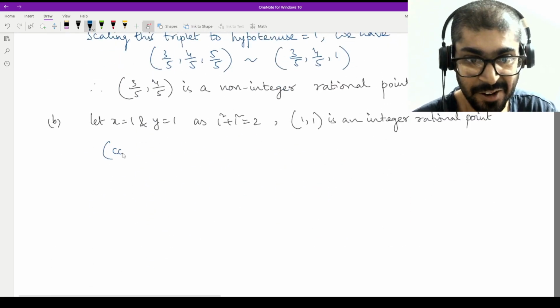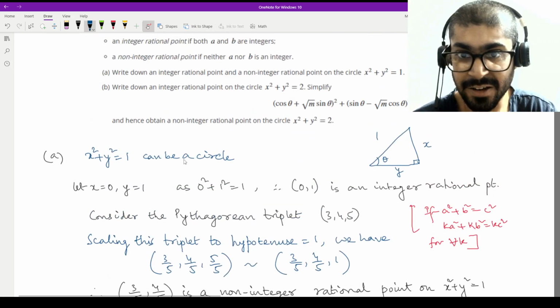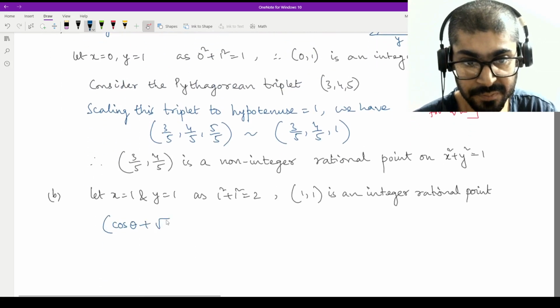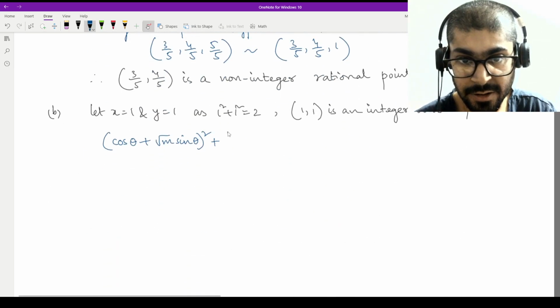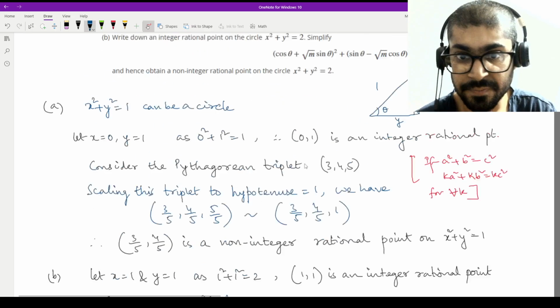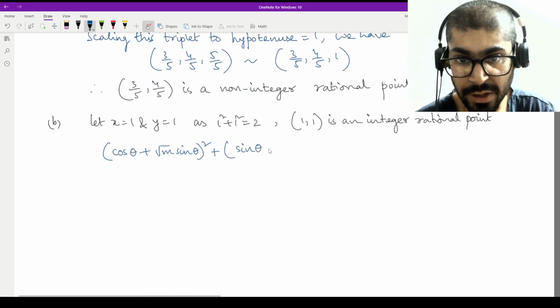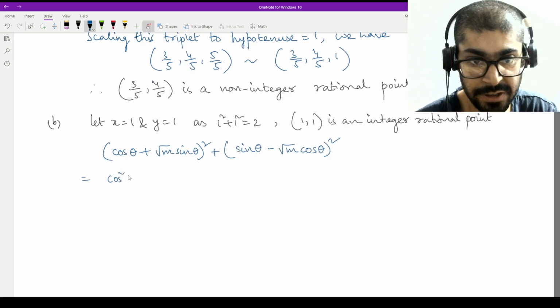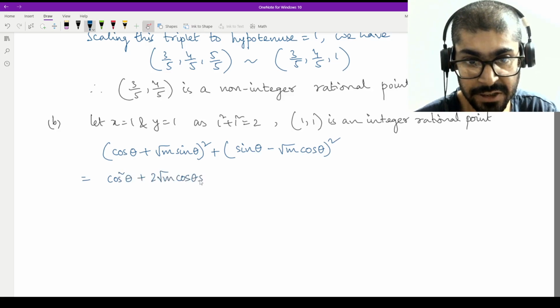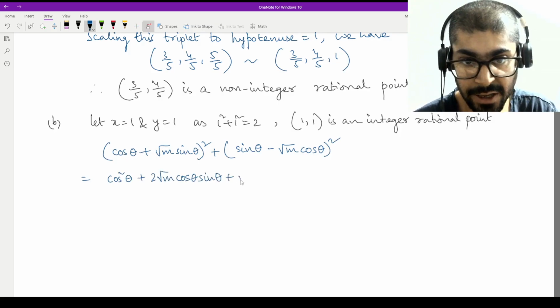So it will be cos theta plus root m sine theta whole square plus sine theta minus root m cos theta whole square, right? So just square it, we'll get cos square theta plus 2 root m cos theta sine theta plus m sine square theta, right?